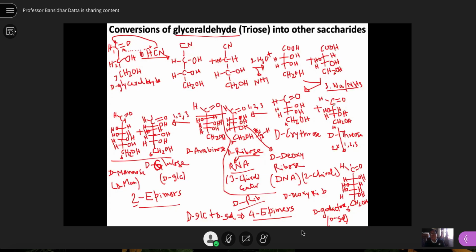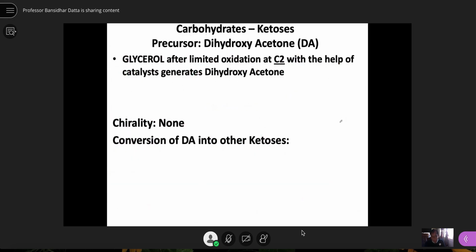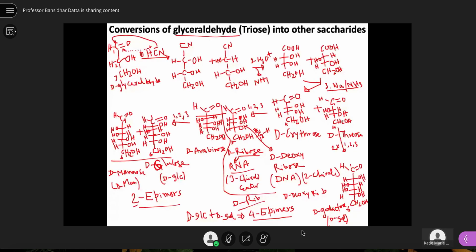You do the reaction 2 times. You get many molecules, but I'm not going to write them all. Every time you do the reaction, you get 2. You get many. One of the molecules is D-galactose. Any other questions?